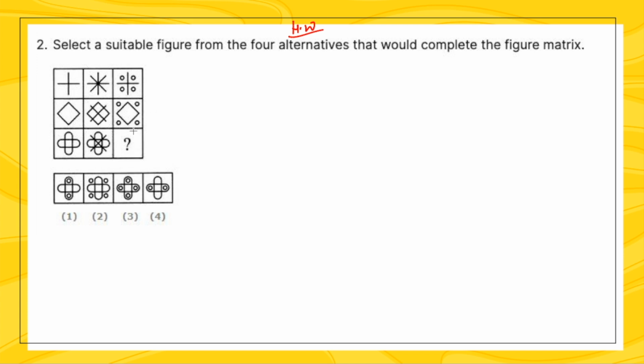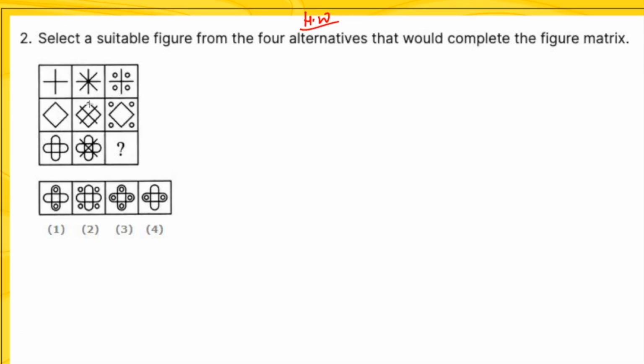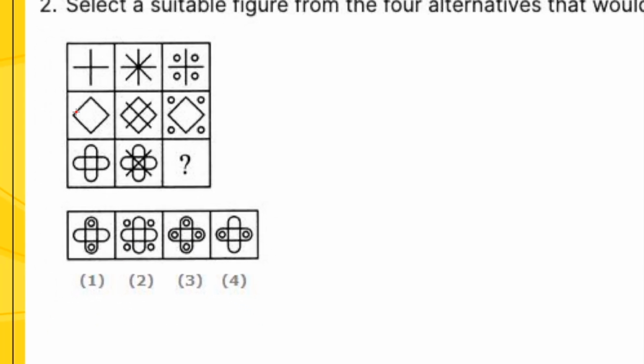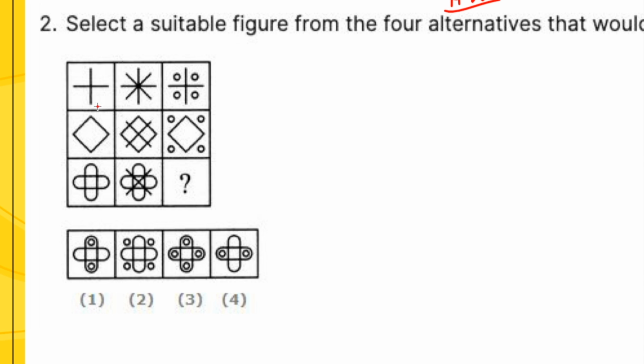So looking at that, we have to see. I have explained it very carefully in the previous videos. I hope the things are clear to you. I'll just zoom this up so that you can see the images clearly on the screen. Now let me tell. See, in the first row, what you will see is that this is a plus sign.